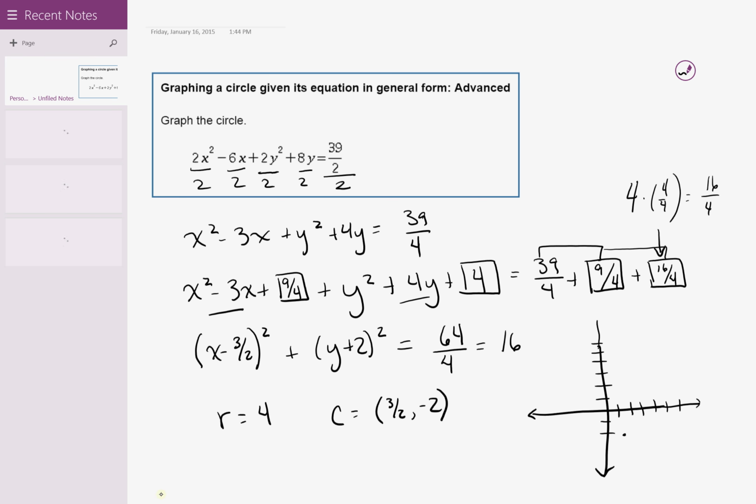And then I have a radius of 4, so I go up 4 and down 4. And then over 4 would be 1, 2, 3, 4. About right there.